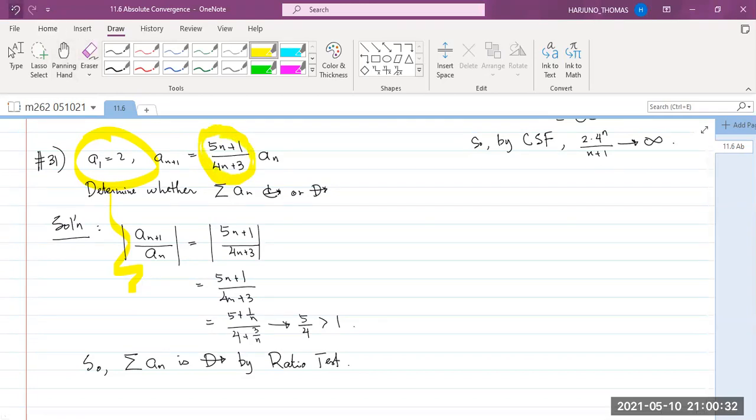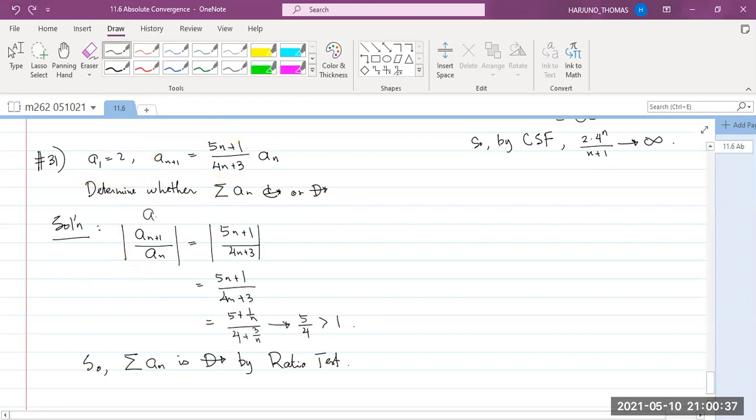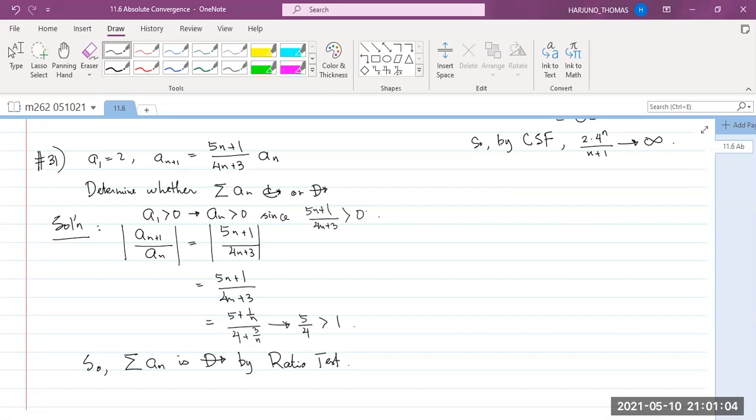So using a sub 1 to be positive, then a sub n will also be positive, since (5n plus 1) over (4n plus 3) is positive. The second term will be (5n plus 1) over (4n plus 3) multiplied by a positive number. The first term is positive.